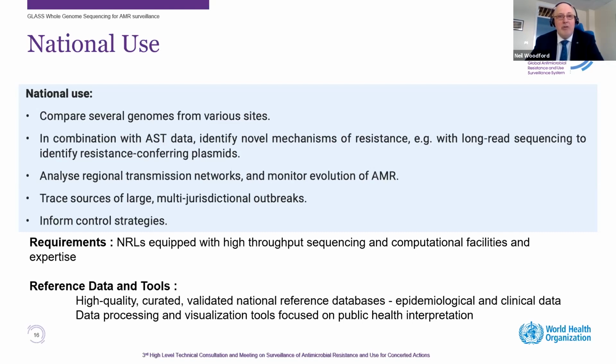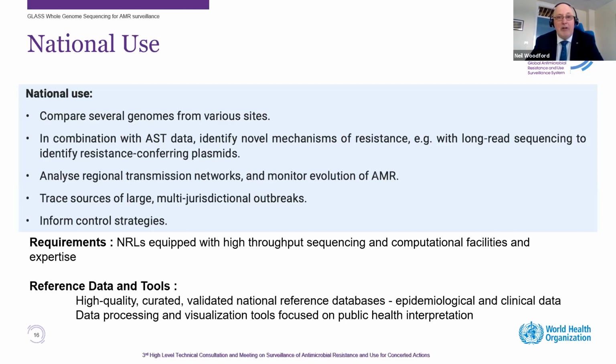Now, to be able to do this, ideally, this is being done coordinated by a national reference laboratory, so linking with Jorge's earlier talk. And this should have high throughput sequencing capability, ideally the computational facilities and the expertise it needs to analyze the data. But again, there is a model where some countries in the early stages of implementation may choose to collaborate with other countries to access their sequencing requirements.